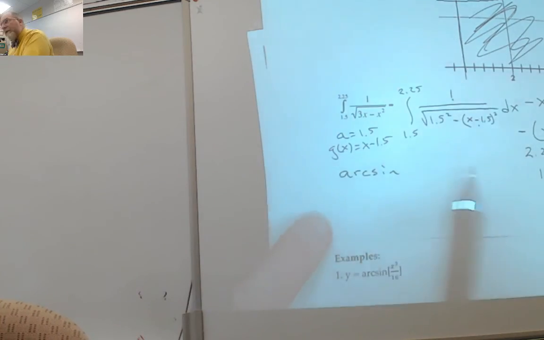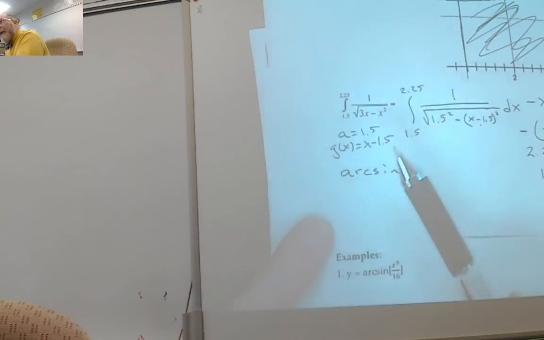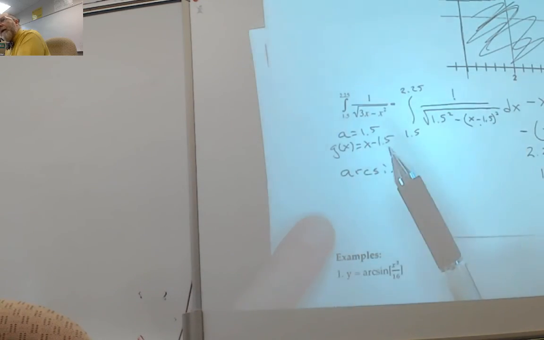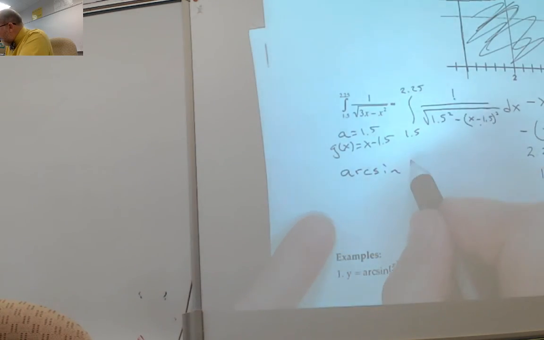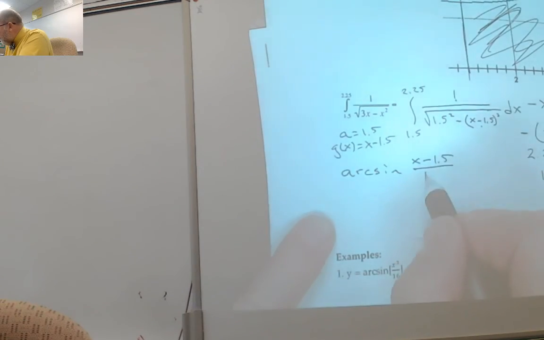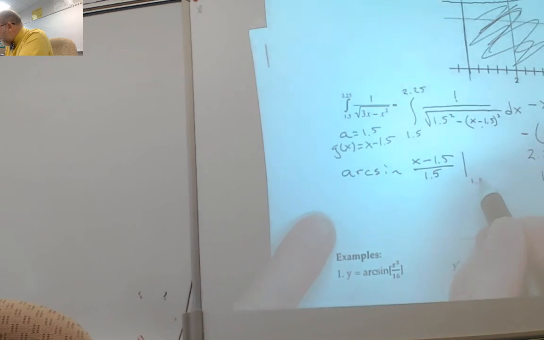And here's another reason, Isabel, I like arc sine. I always forget on arctangent to put 1 over a. I always forget on arcsecant to put 1 over a. You know, like what I like about sine? I can forget it. And over here I'm going to have x minus 1.5 over a, which is 1.5, evaluated from 1.5 to 2.25.